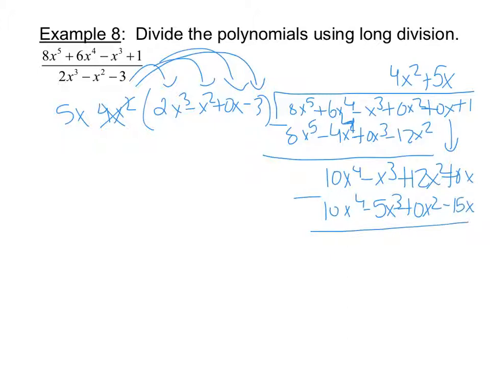Subtract. So you get 0, negative 1 minus negative 5, positive 4. 12 minus 0, 12. 0 minus negative 15, positive 15. Bring down that plus 1.